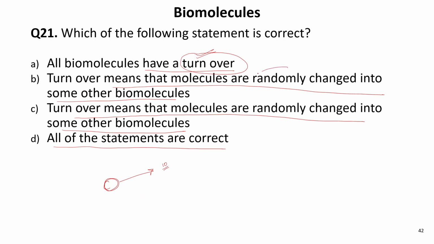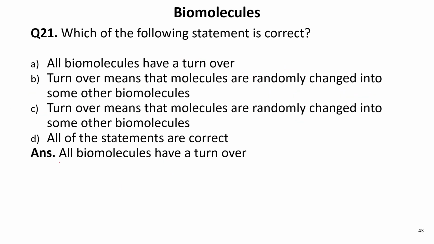So it is not a random change. Some or other biomolecules, this particular substrate will form in a catalyzed reaction to form this particular product. That is also fixed. So this is also incorrect. These two statements are incorrect. Okay. So all biomolecules have a turnover number.